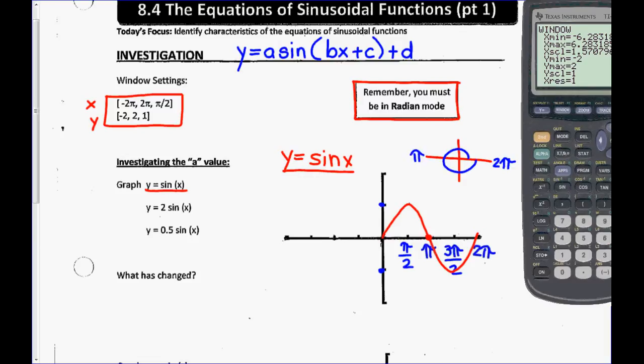Okay, the midpoint is pi, just like it is here. This is half of pi. This is 3 pi over 2, right? So this is 1 pi over 2, 2 pi over 2, which in lowest form, the 2's cancel out and you're left with pi. 3 pi over 2, this is 4 pi over 2, which in lowest form is 2 pi. Remember all of this? Just as a quick review.